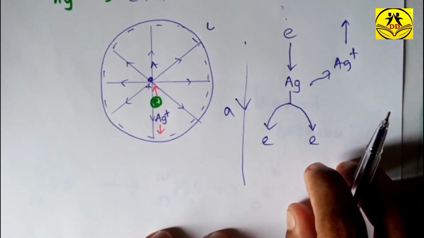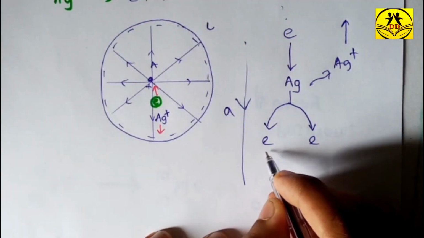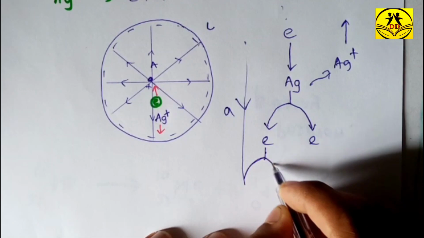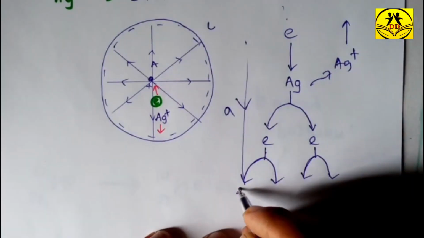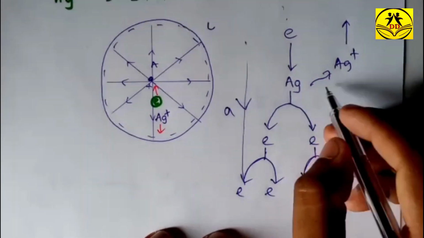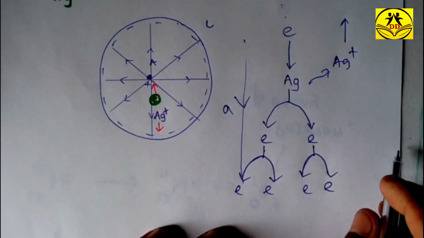Furthermore, electrons can form new electrons. This is called secondary ionization.